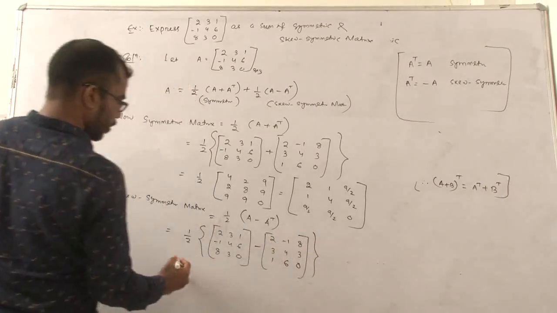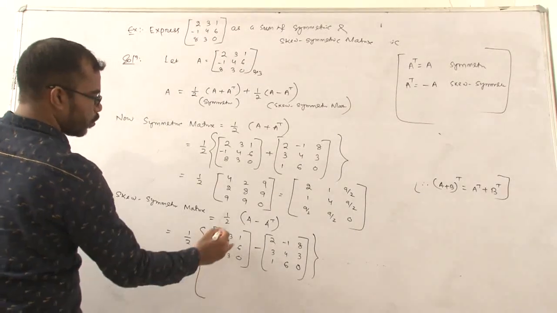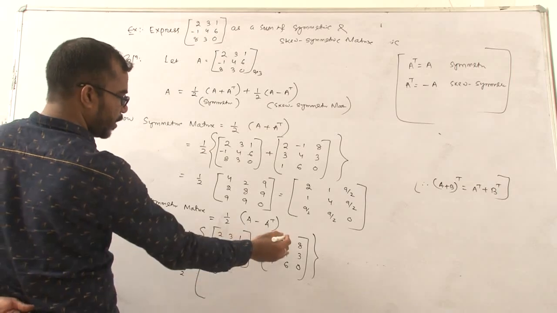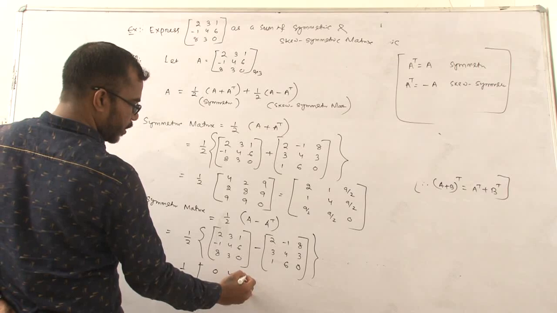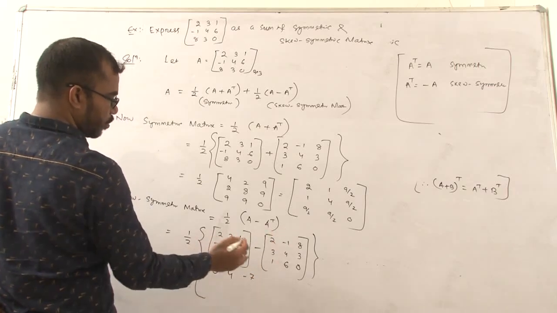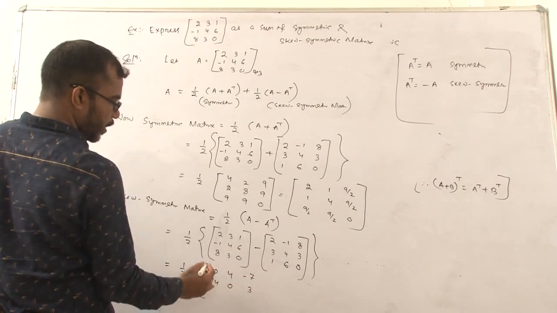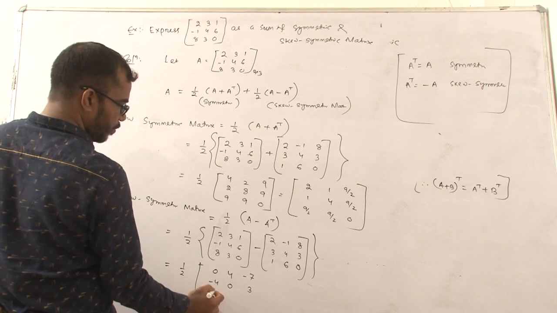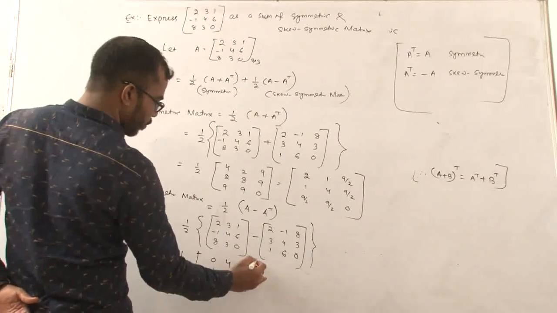Then we calculate them. We get 2 minus 2 that is 0, 3 minus, minus 1 that is 4, 1 minus 8 that is minus 7, minus 4, 0, 3 minus 6 that is minus 3, and 0.